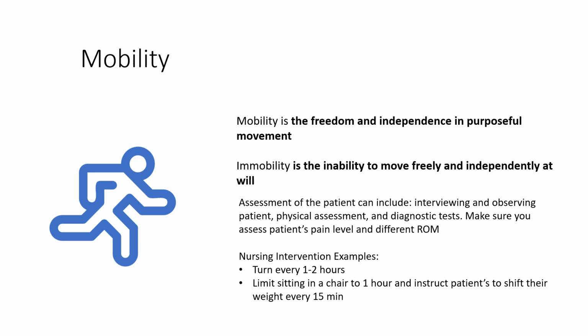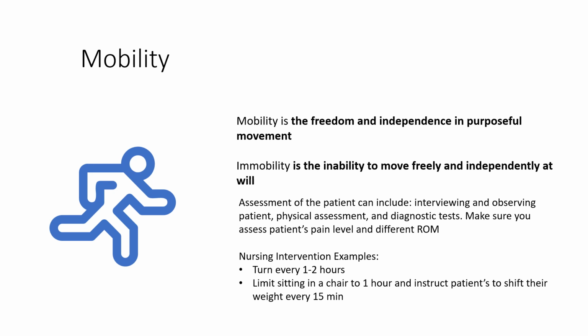Mobility is the freedom and independence in purposeful movement. Purposeful movement is the key. A lot of our patients, for example at Highsmith Rainey, have some mobility, however a lot of their movement is not purposeful. Immobility is the inability to move freely and independently at will.